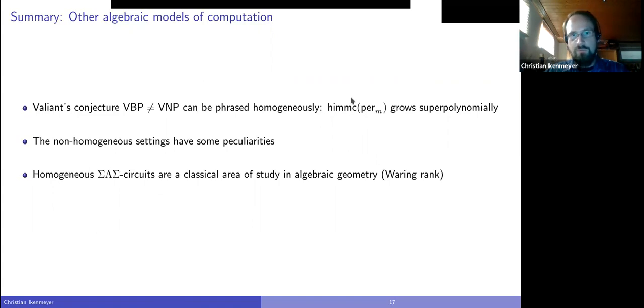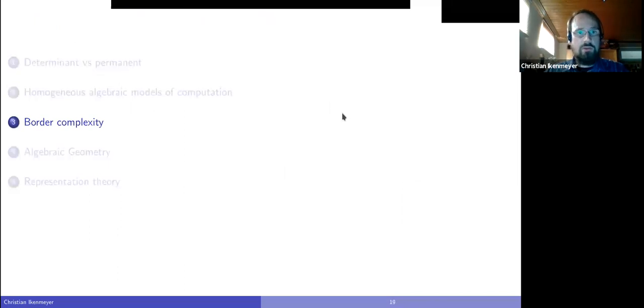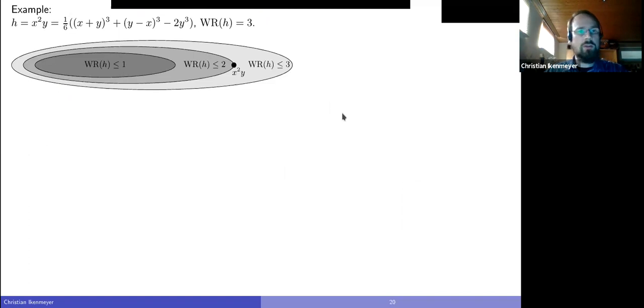All right, so we focus on this HIMMC. This is the one that I want to discuss in this talk, and a bit on the Waring rank, because the Waring rank has easier small examples, like this one here, for example. X squared y can be expressed as the sum of 3 cubes, as we've seen before.